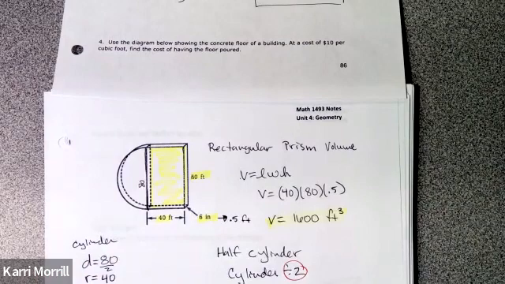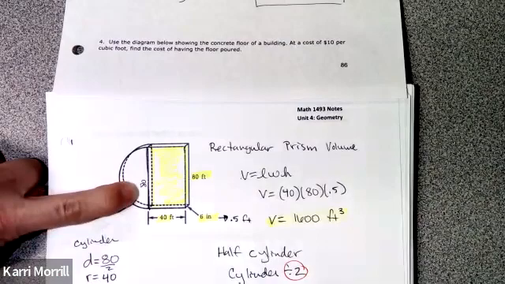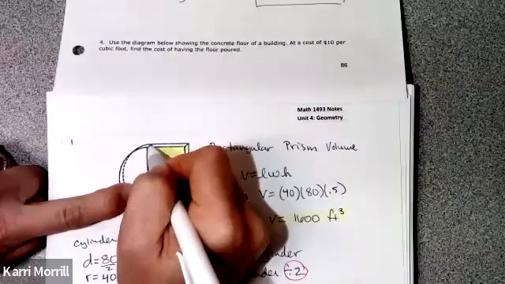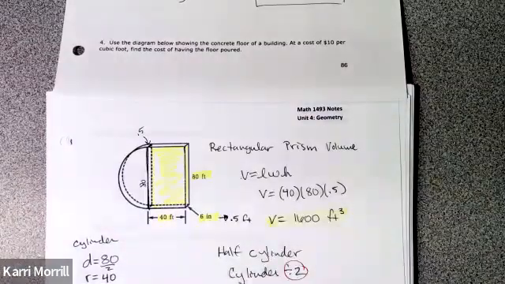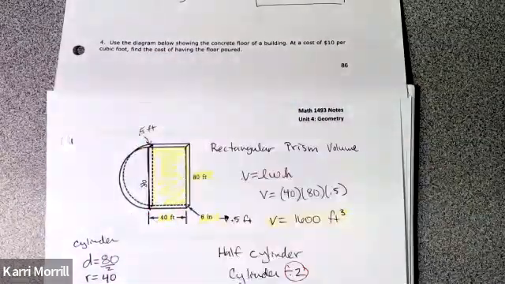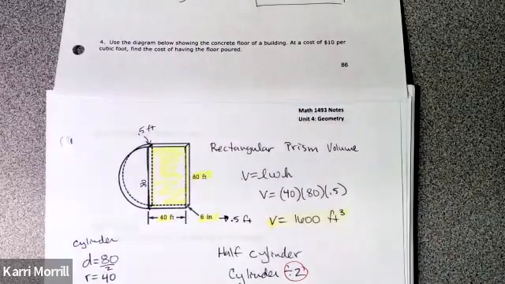So we're going to use 3.14 for pi. And then we're going to say 40 squared. And our height was half a foot. Remember this height is still just half a foot. And then we're going to divide all that by 2 because this is half a cylinder.